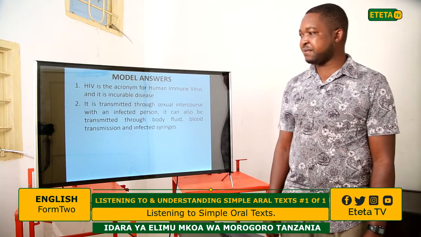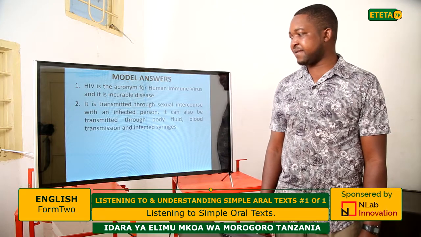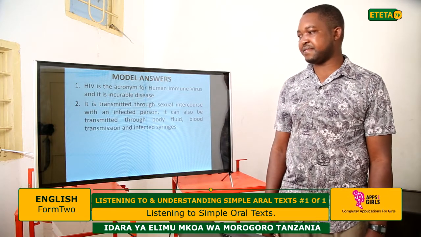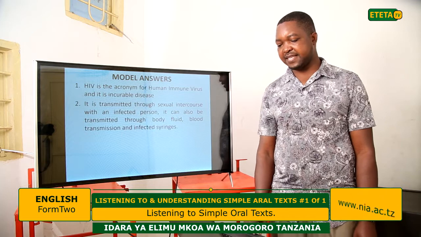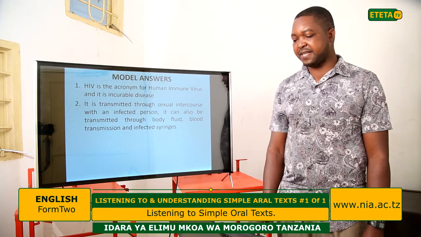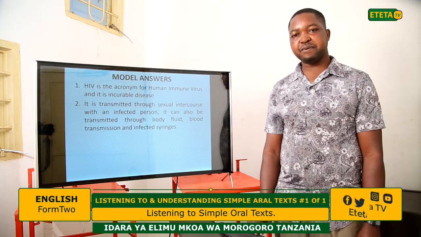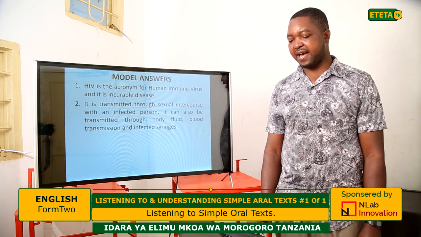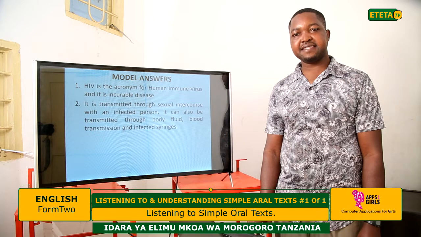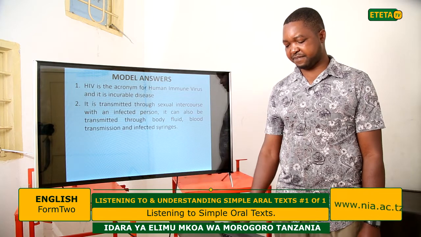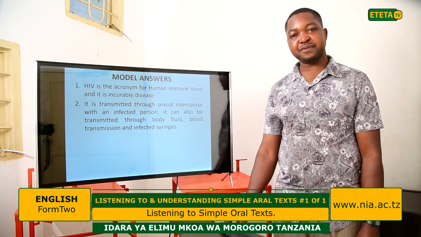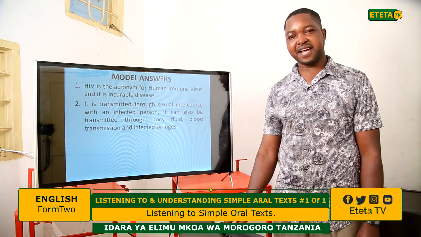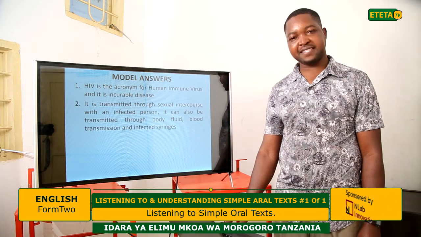For question number 2, it is transmitted through sexual intercourse with an infected person, but it can also be transmitted through body fluids, blood transfusion, and infected syringes. Did you answer it in that way? Good. I hope you had almost the same answer.